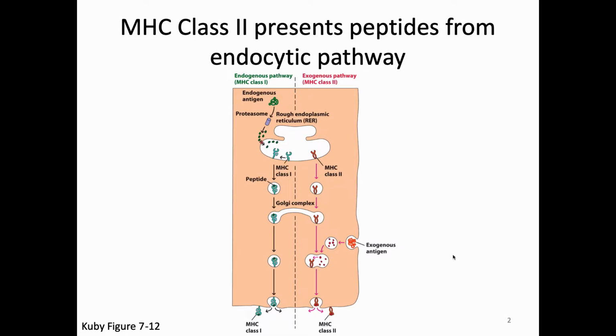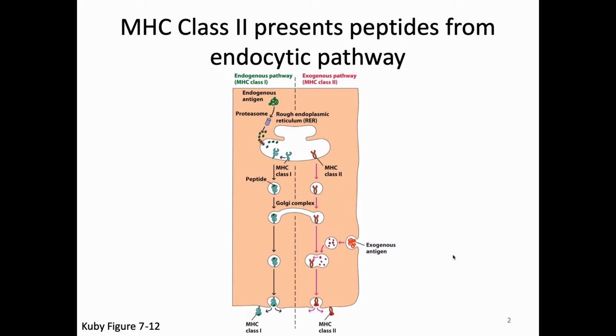So this is the figure from your textbook that shows both the class 1 and class 2 pathways. Again, we are going to see later on one place where I'm going to edit this figure because there's one thing about it that really bugs me. With class 1, we had what are sometimes called endogenous antigens. Basically, they're proteins that are coming from the cytoplasm. They're proteins that are somehow already in the cytoplasm, whether that's infection, whether that's a self-peptide in the cytoplasm. For class 2, we are going to see what are known as exogenous antigens being presented.